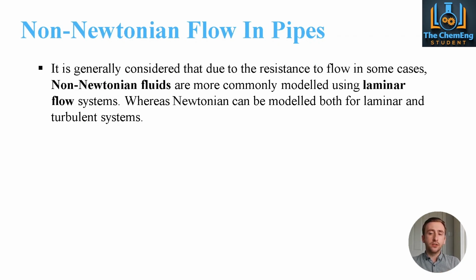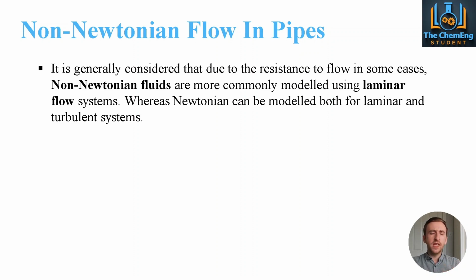Now for us as engineers, we're always going to relate this back to the flow in pipes. So we'll take a look at non-Newtonian flow in pipes, just so that you get a well-rounded idea as to how you need to solve this going forward.